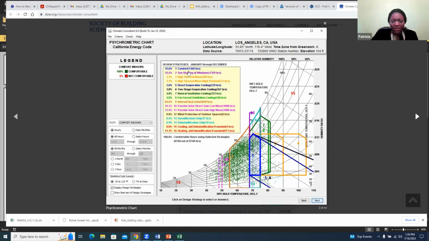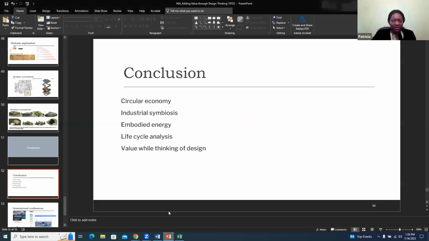So 15% comfort and sun shading. If you shaded the windows, if you've added a thermal mass, that means to make your wall thicker, it would improve the place by 3.1%. So this kind of guides you in making design choices during the retrofit. So I'll stop at that place now.